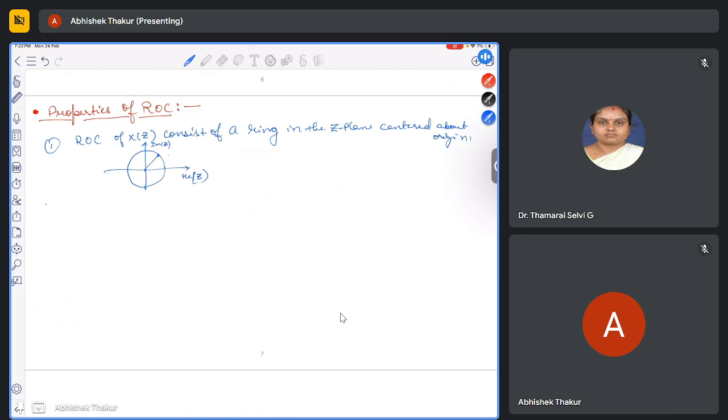Now, the second property is: the ROC does not contain any pole.